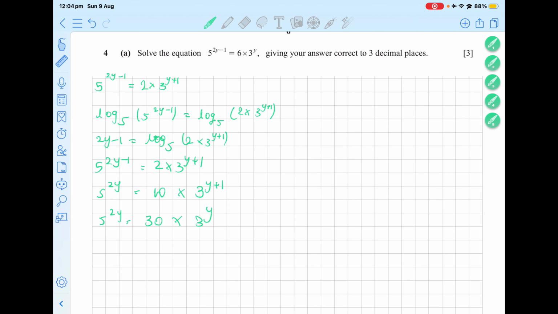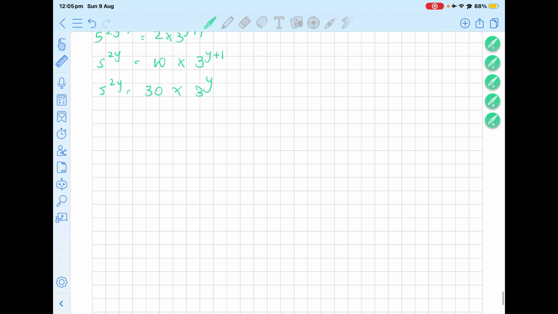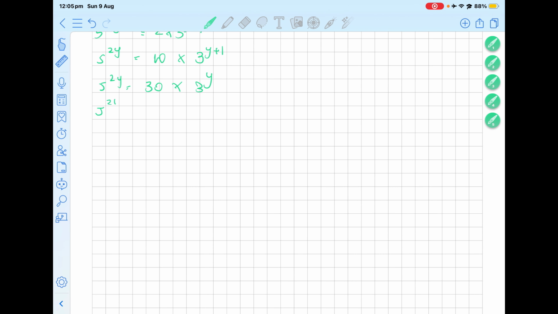So 3 raised to y and then 5 raised to 2y. Now this equation is starting to look a little simpler. So I could say that 5 to the 2y over 3 to the y is the same thing as 30.